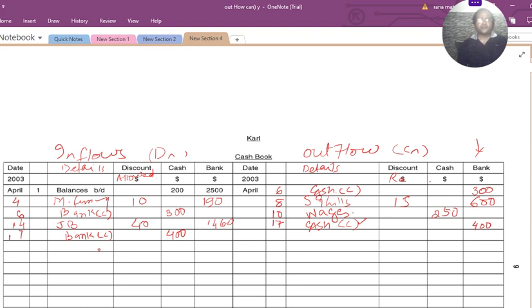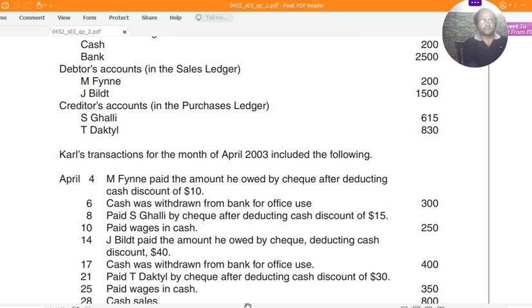So whenever there is a contra entry, you write C in brackets. The next transaction is: paid directly by check after deducting cash discount of 30. So the purchase ledger, the supplier, has a discount of 30, and you are paying by check.